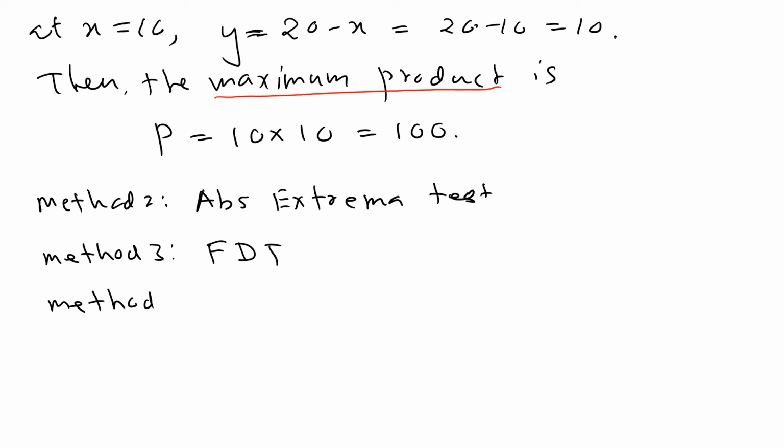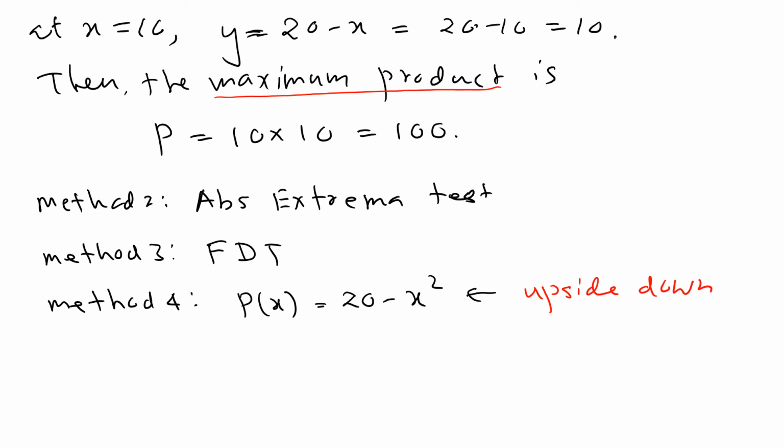There's another method, method 4. For a problem like that, you can see that your P(x) is 20x minus x squared, which is an upside down parabola, or concave down parabola.